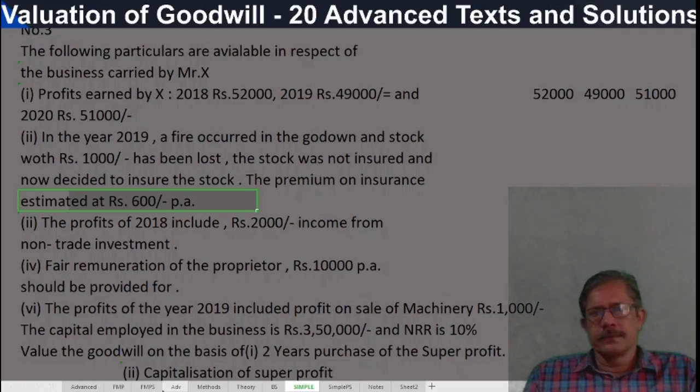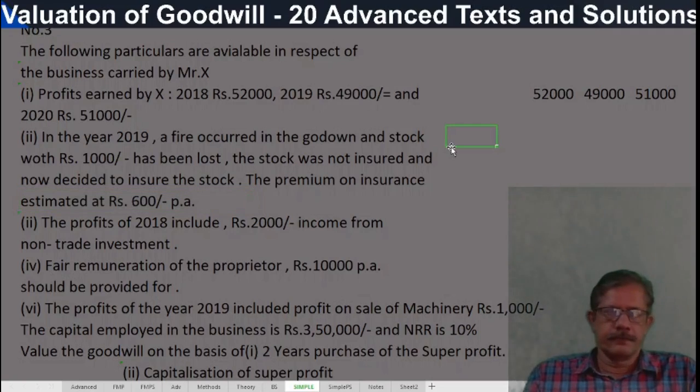A fire occurred, loss by fire. What to do? It is a non-operating loss, or let it stand to recur. So this loss by fire should be added to 2019 profit.